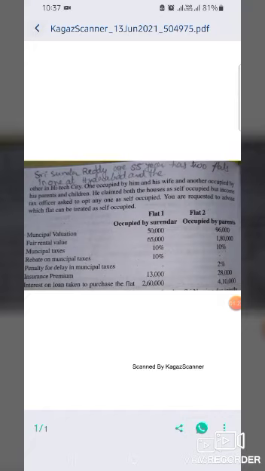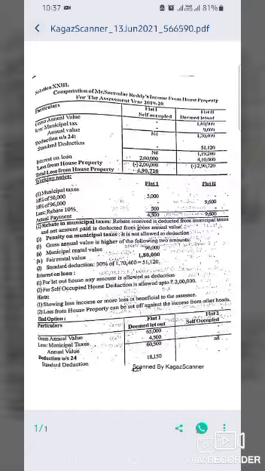Now let's see the calculation of income from house property. Computation of Sundar Reddy's income from house property for the assessment year 19-20. Gross annual value is nil for the first flat if we take one as self-occupied and one as let out. So here we are taking the first flat as self-occupied and the second flat as let out.